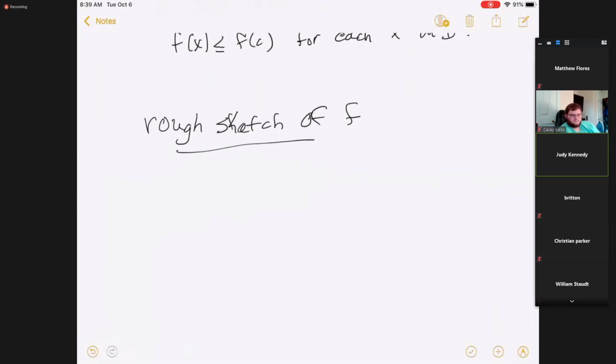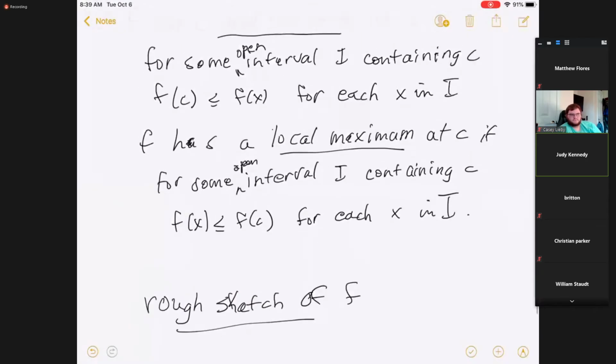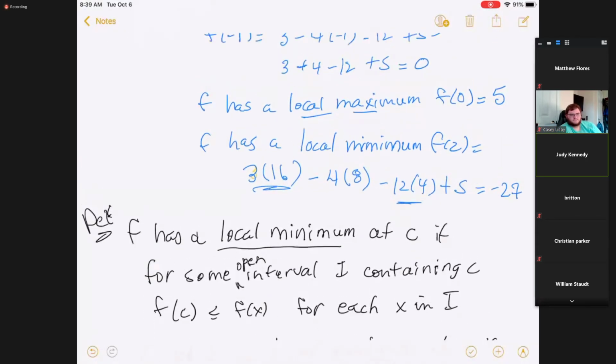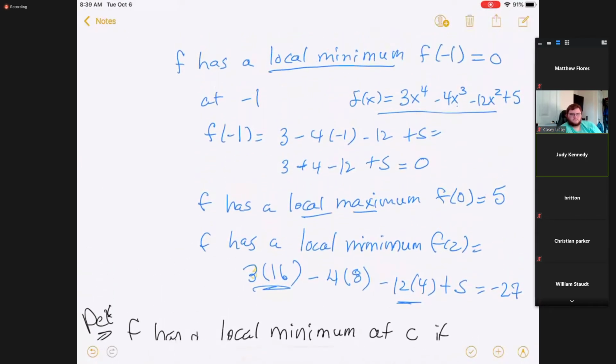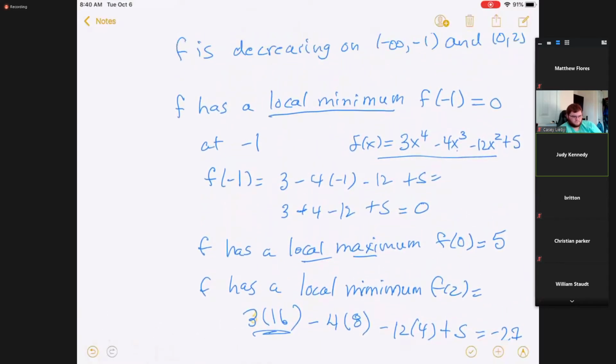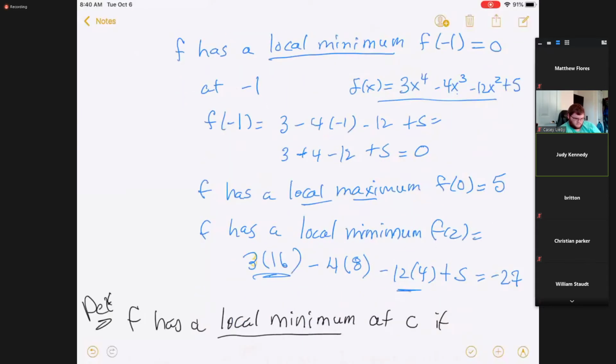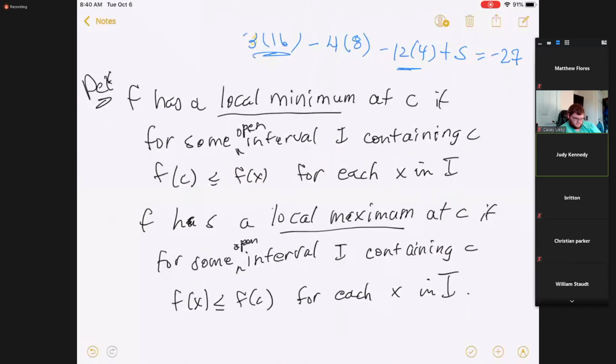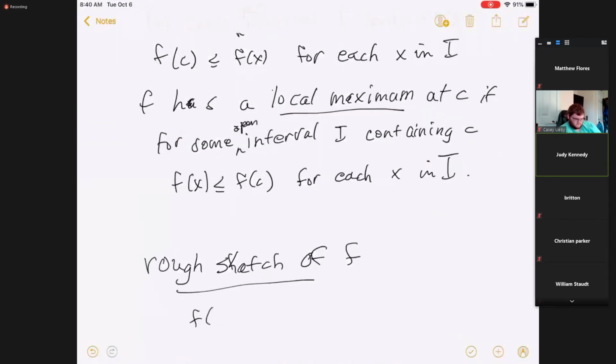Why don't I write down my values? F of -1 was 0. F of 0 was 5. Those were my local minimum and maximum.